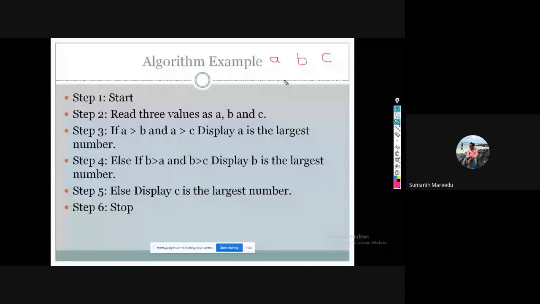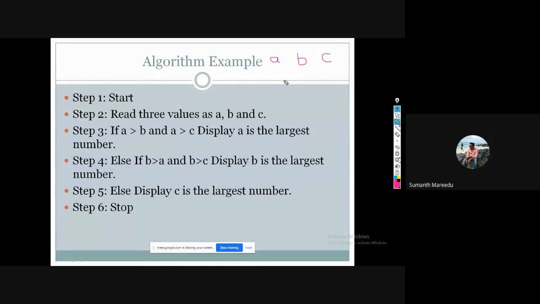So the main task of the programmer is to identify the sequence of steps you need to follow. That is what you need to identify first. So in that step, we'll see, if we have these three numbers, say A, B, and C, what is the input for this task?